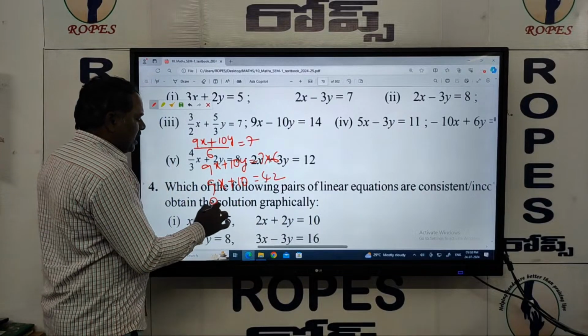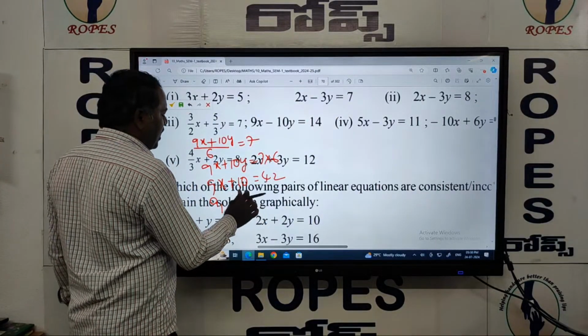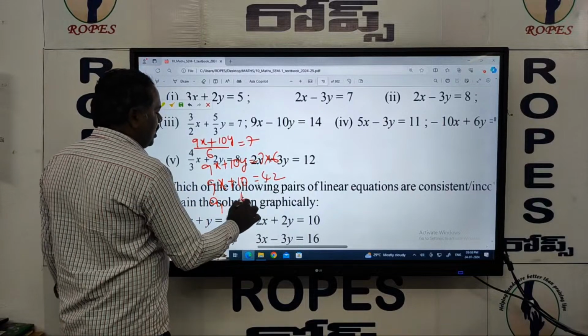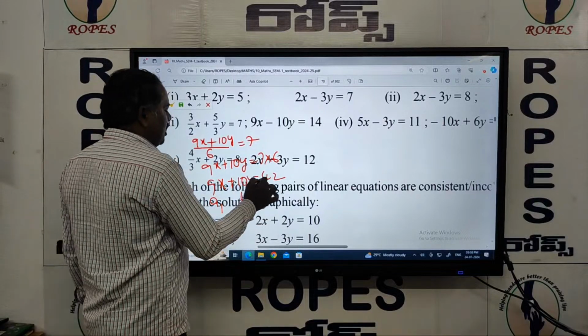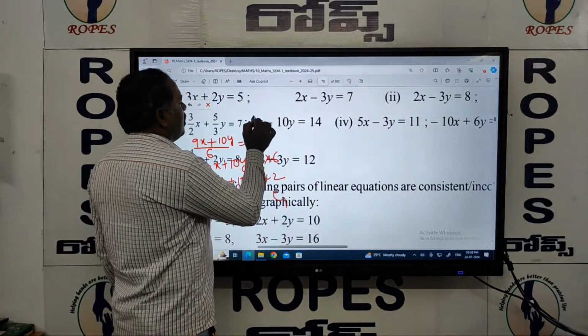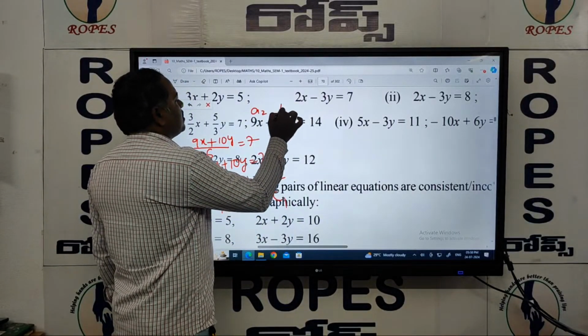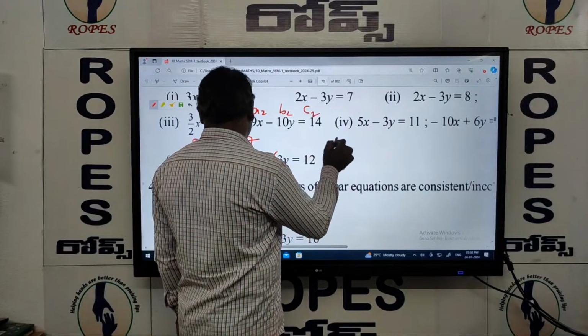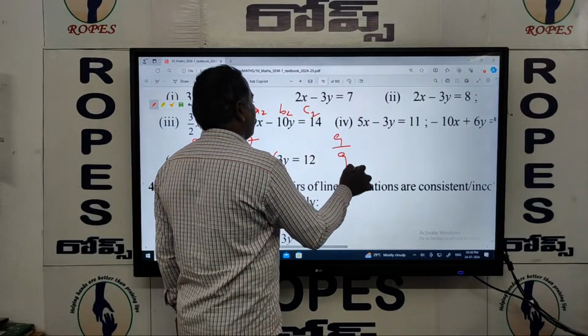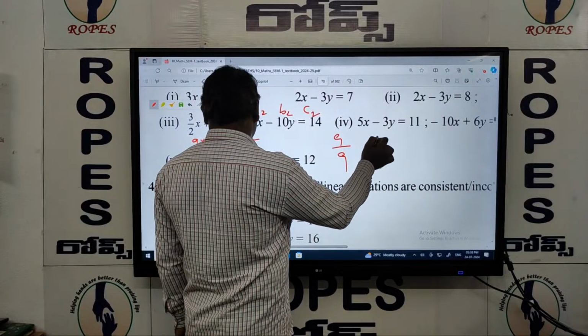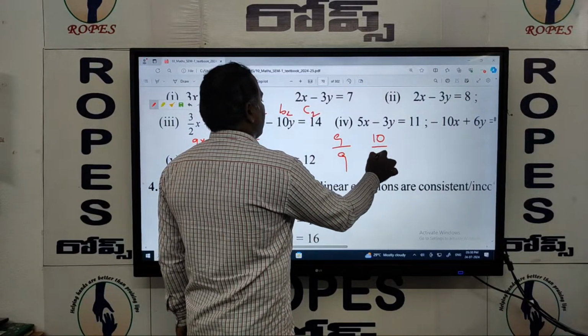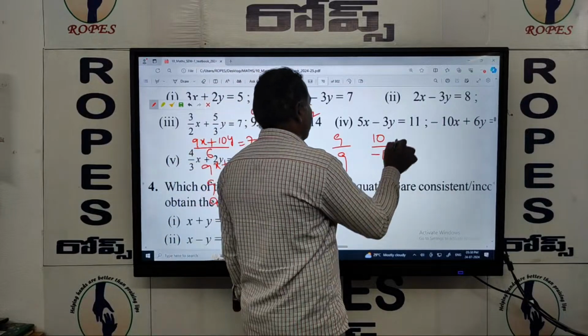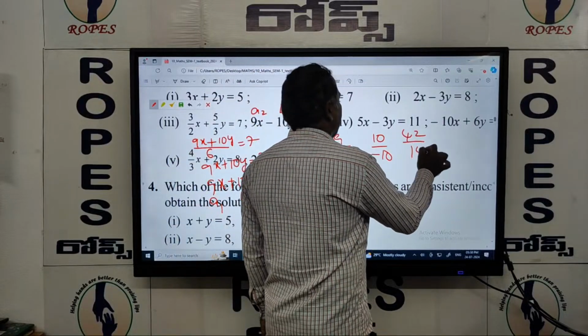Now it is A1, B1, C1, and A2, B2, C2. Now we'll compare this. A1 by A2 means 9 by 9, B1 by B2 is 10 by minus 10, and C1 by C2 is 42 by 14.